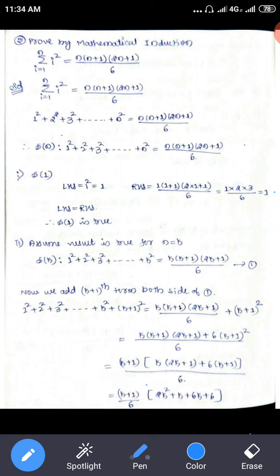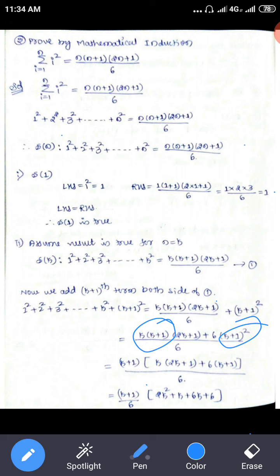So now add the k plus 1th term to both sides of equation 1. This is important. I'll add k plus 1 the whole square. Now simplify this. 6 is the LCM. K plus 1 into 2k plus 1, and the 6 is missing, plus k plus 1 the whole square. See here, k plus 1 is common.